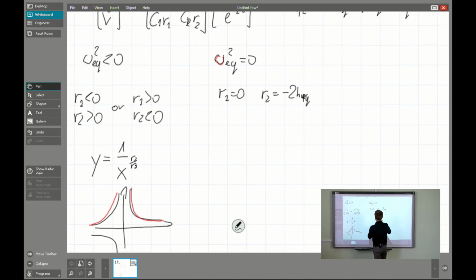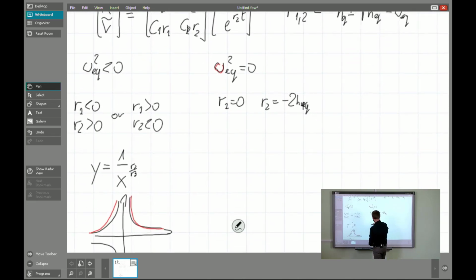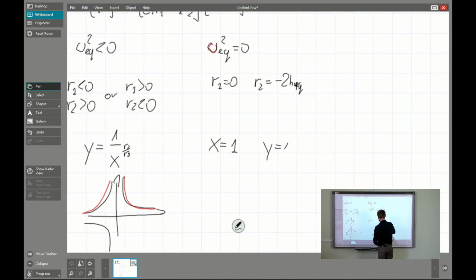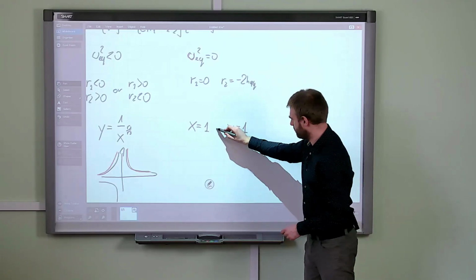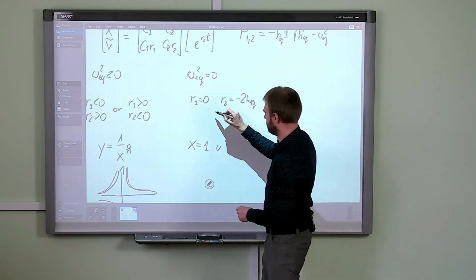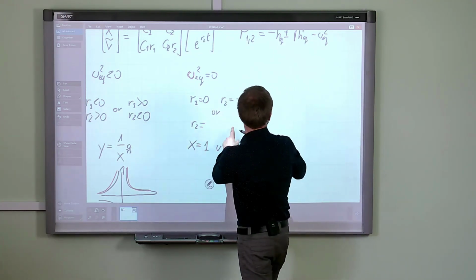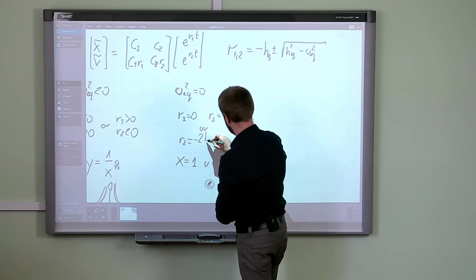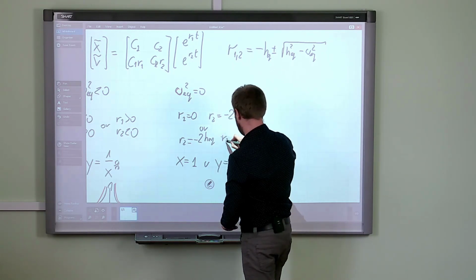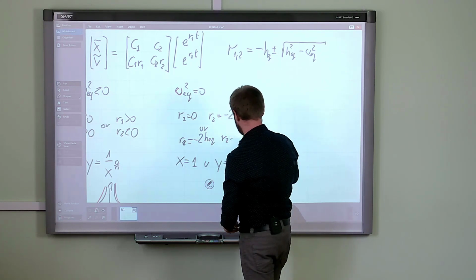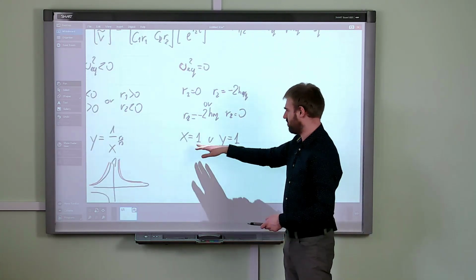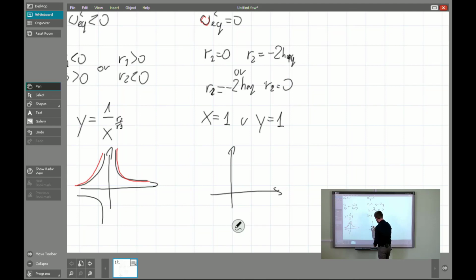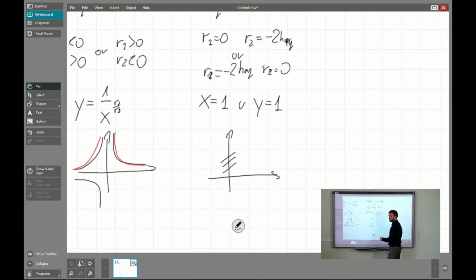We stated that for that case the solution is x equals a constant or y equals a constant, depending on the situation, because the second condition is that R2 is minus 2 equivalent h and R1 is 0. Depending on the situation we find one solution or the other, which means that on the phase plane we have an image of straight lines.